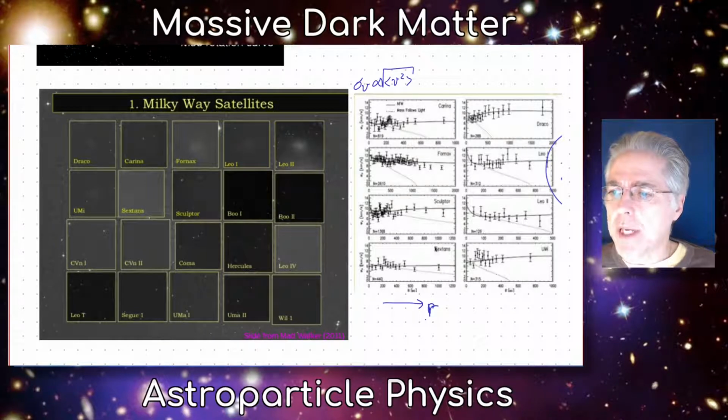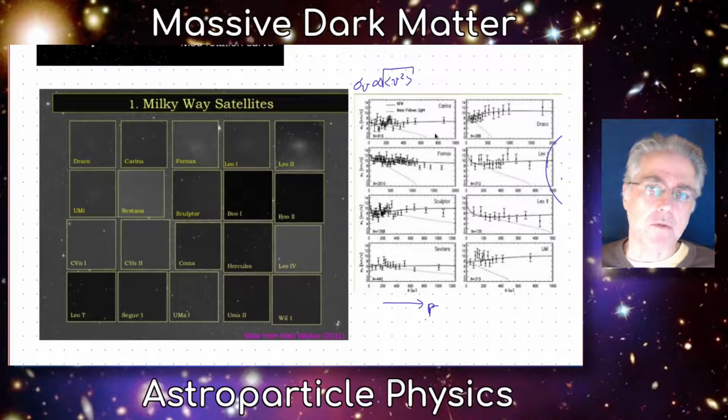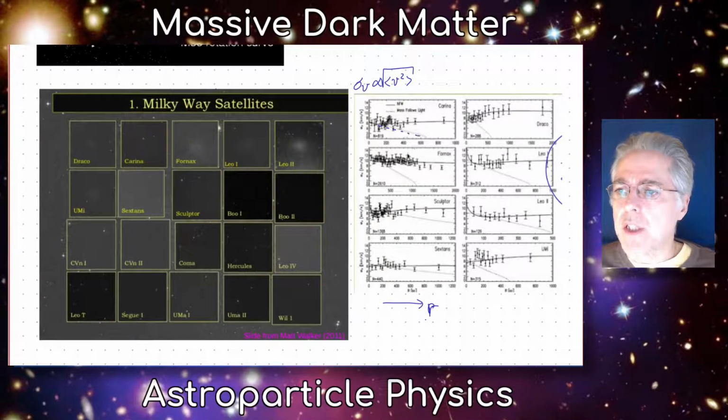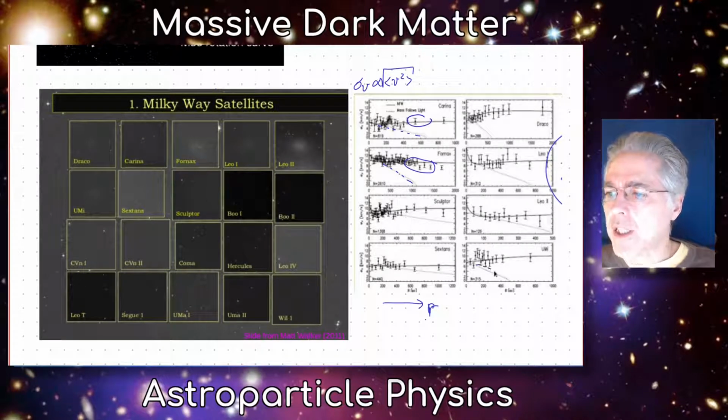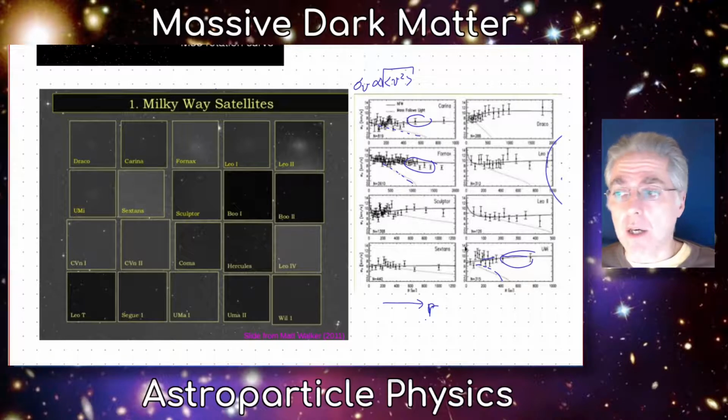So this is about a kiloparsec distance here, and you see these systems are visible for about a kiloparsec, and the velocity stays constant. The expectation would be this dashed line here, and you see that the actual observation is well above this, and that's a clear indication that there must be more matter around than what is visible through the stars.